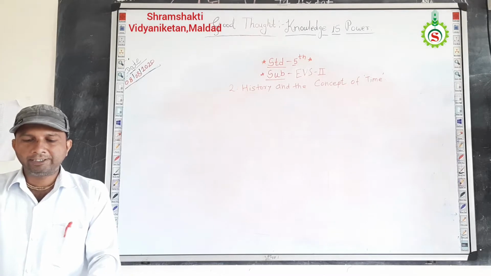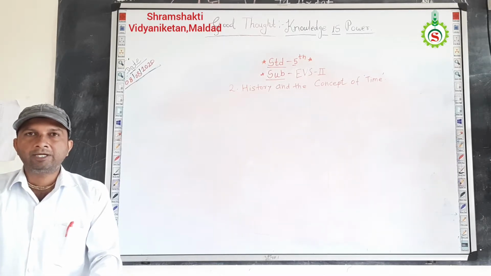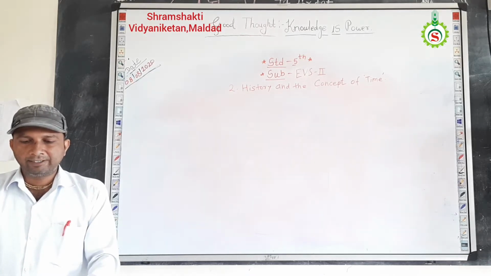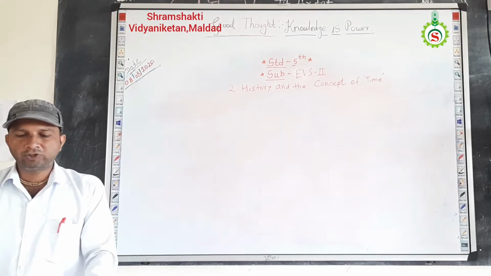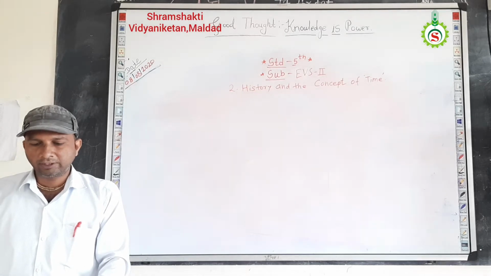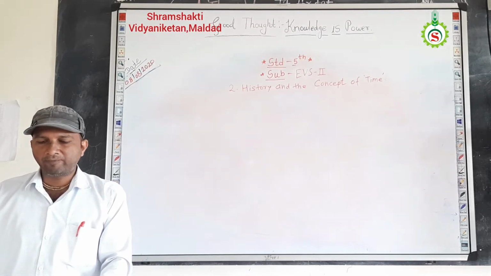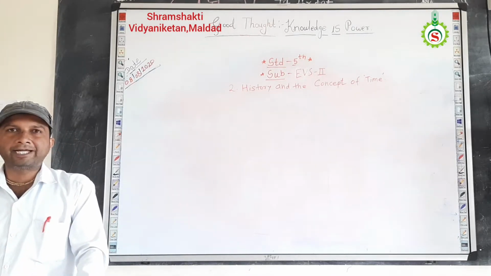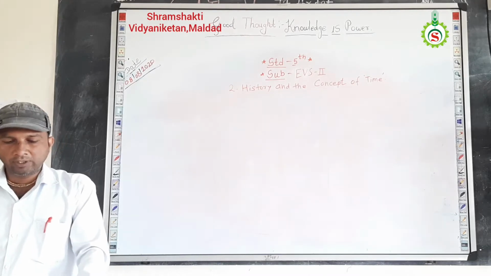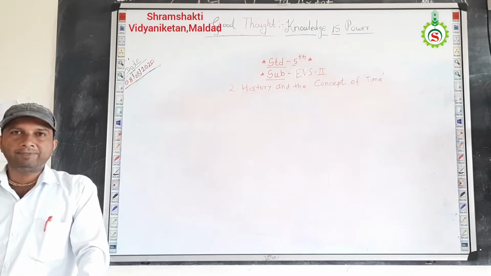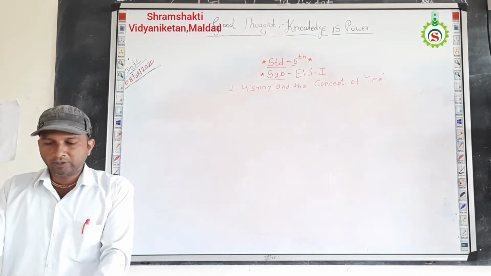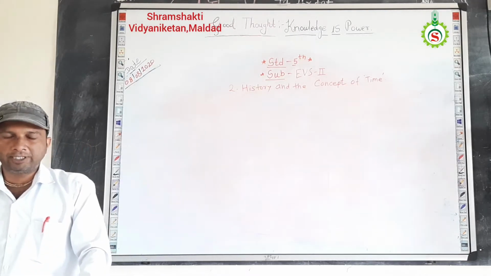Third point is historical periods, means how the different periods are classified in history. And the fourth point is the scientific method of measuring time and establishing age, called the carbon dating method. By scientific methods, how time is measured from the ancient period up to the present period. So these 4 points we are going to learn in this chapter.